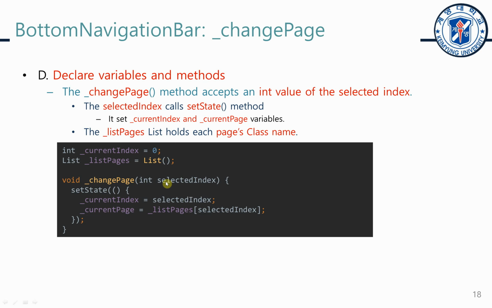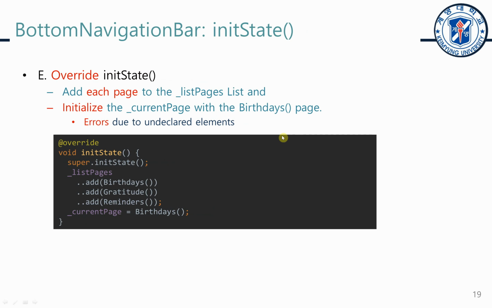And where does this current page come from? The current page comes from the list of pages, and the list of pages is a list that holds pages or page class names. This list of pages is actually created in the init state.